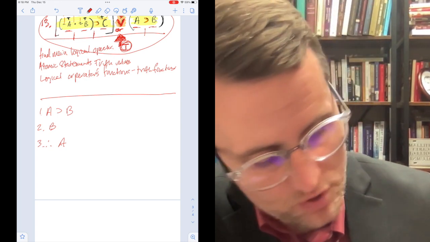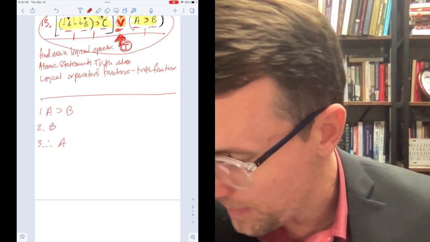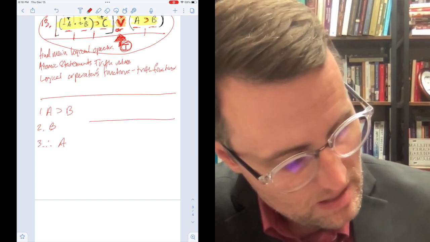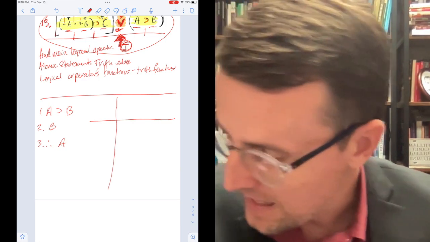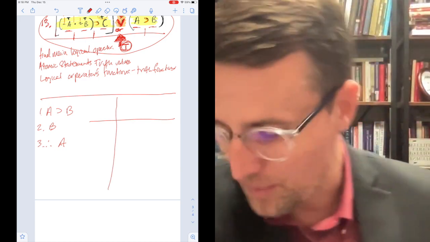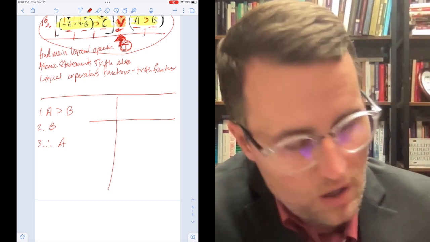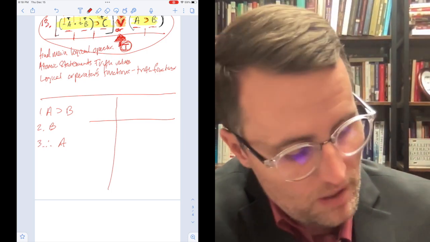And the way you set up a truth table is you draw a horizontal line and a vertical line, and you list the atomic statements that are in the argument. Here we only have two.